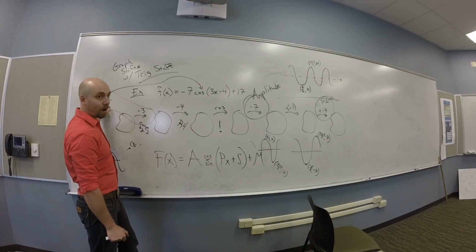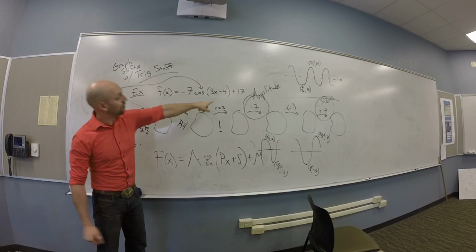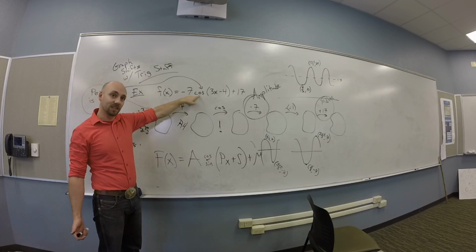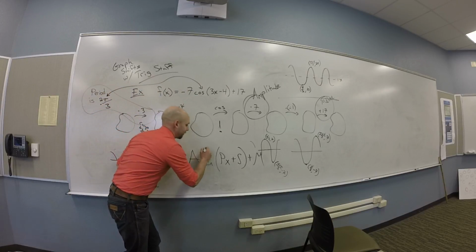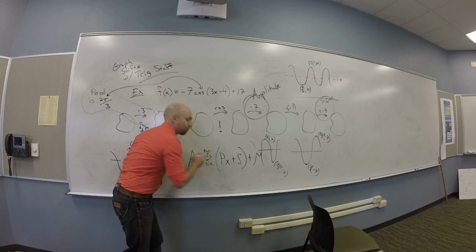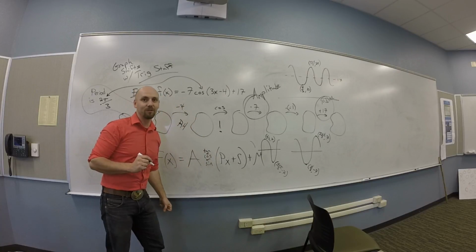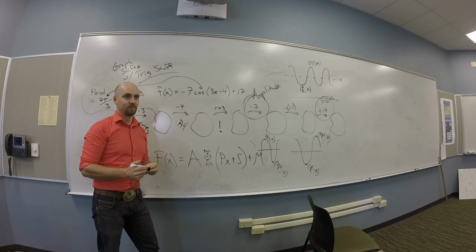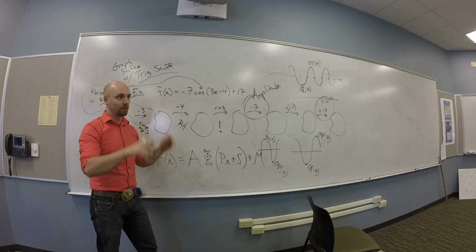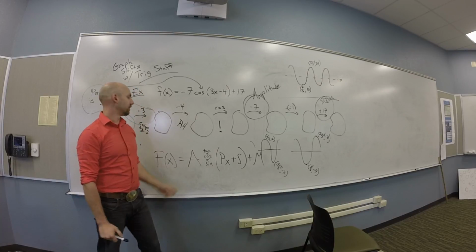Also, it's not always 2 pi, right? In the sine or cosine case, it's 2 pi. But if I put a tangent in here, or a secant or a cosecant, you would have to think a little bit harder. But the same rules would apply. What's the period of tangent?